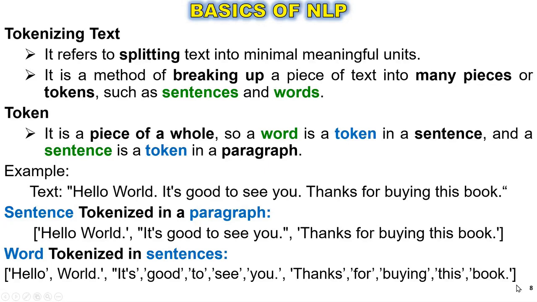For example, we have this sentence, "Hello world, it's good to see you. Thanks for buying this book." If we assume that the text is tokenized in a paragraph, we separate those sentences, and then those sentences will now be the tokens.